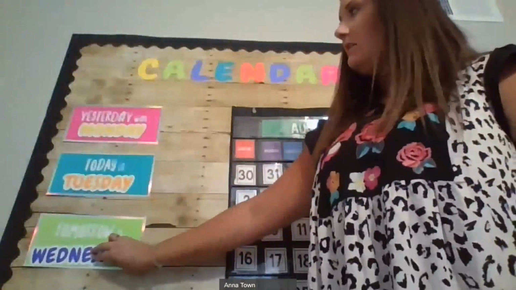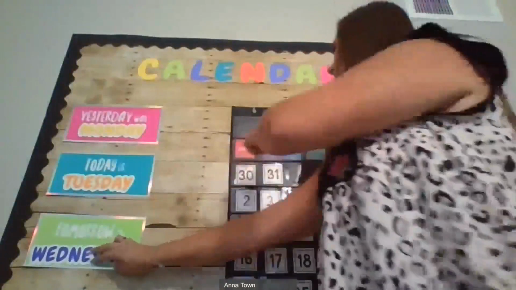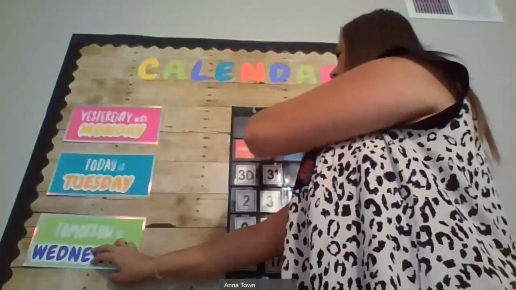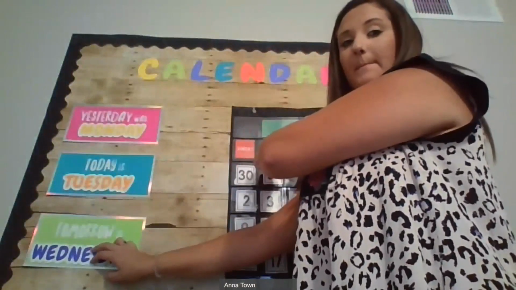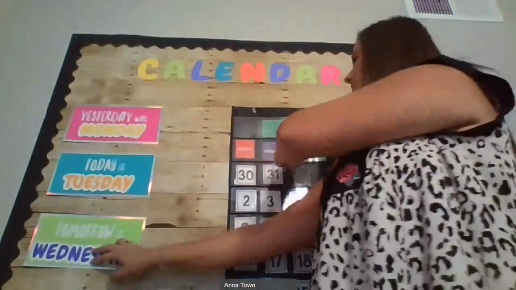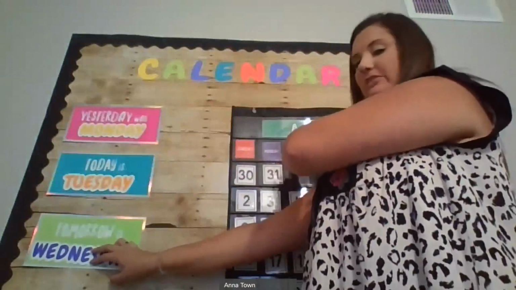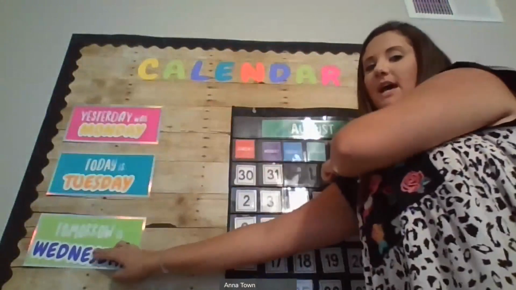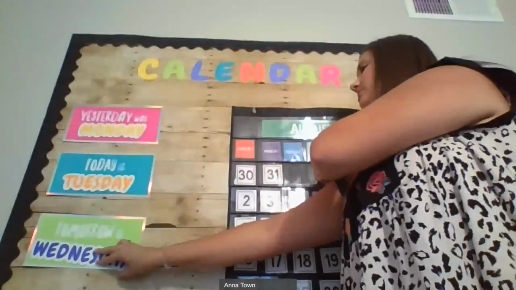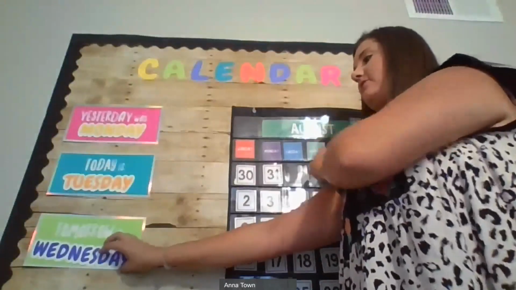So yesterday was, we go to Tuesday and we go back because it was in the past. So yesterday was Monday. We know today is Tuesday, and we hop ahead for the future, or tomorrow, because it's in the future. It is Wednesday.